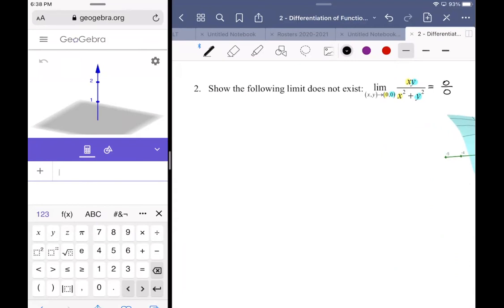All right. So what we can do is try our different approaches here. I can approach along x equals 0, and I can approach along y equals 0. So I'm replacing all of my x's with zeros, which means I'm holding x constant. So it would just be y approaching 0: 0 times y over 0 squared plus y squared.